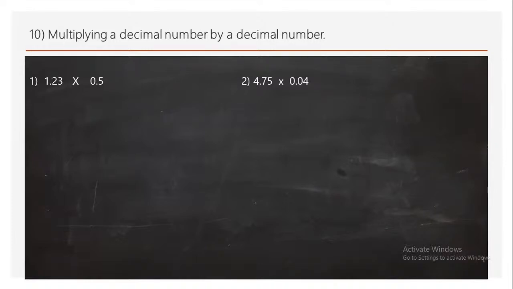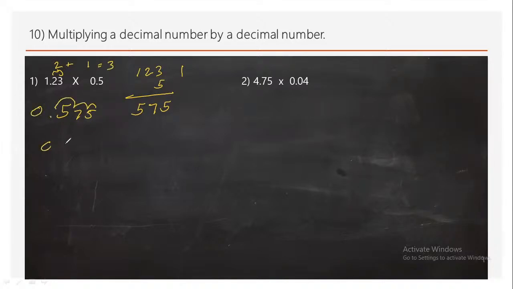Then 123 multiplied by 5. 5 times 3, 15. 1 remaining. 5 times 2, 10 and 1, 11. 5 times 1, 5. 575. Now count how many decimal places here? 2. Here 1. 3 decimal places. Separate 1, 2, 3. Then 0.575 is the answer here.